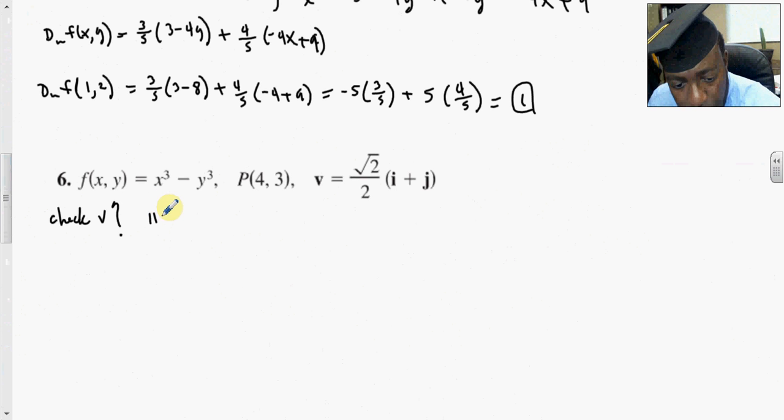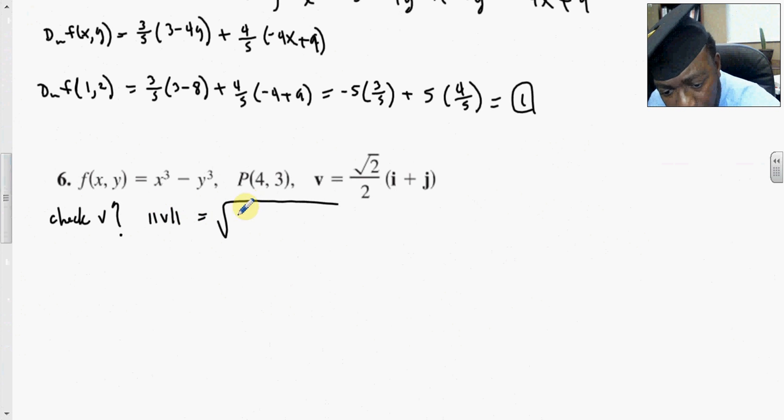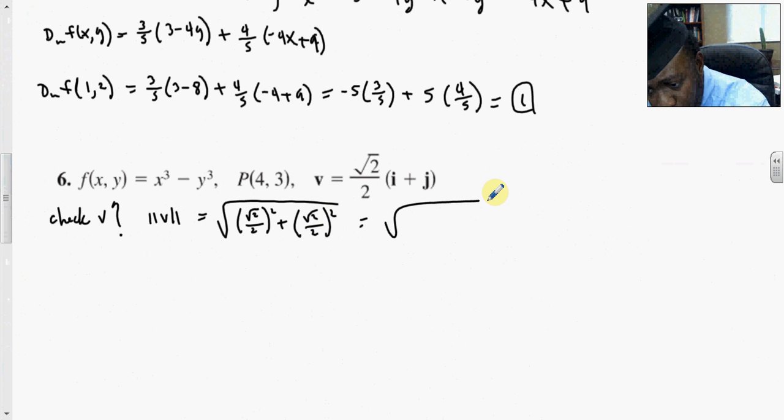Okay. So the norm of v is equal to the square root of the square root of 2/2 squared plus the square root of 2/2 squared. That gives us 2/4 plus 2/4. That's 1.